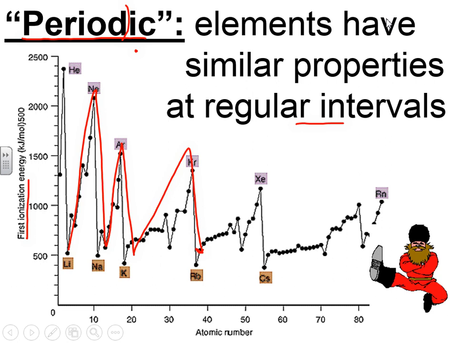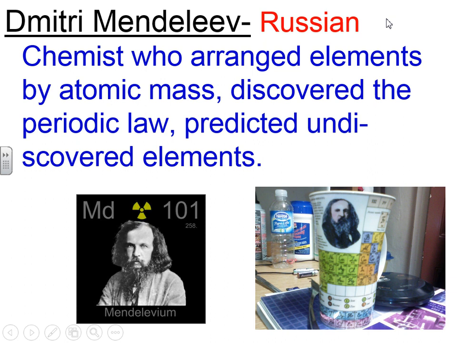Got another dancing Russian. And in honor of Mr. Dmitry Mendeleev, we have named an element. This is Mendeleevium, so 101. Element 101 is in honor of Mr. Mendeleev because he is the first to have arranged the elements in the best order and created the first periodic table that was recognized.